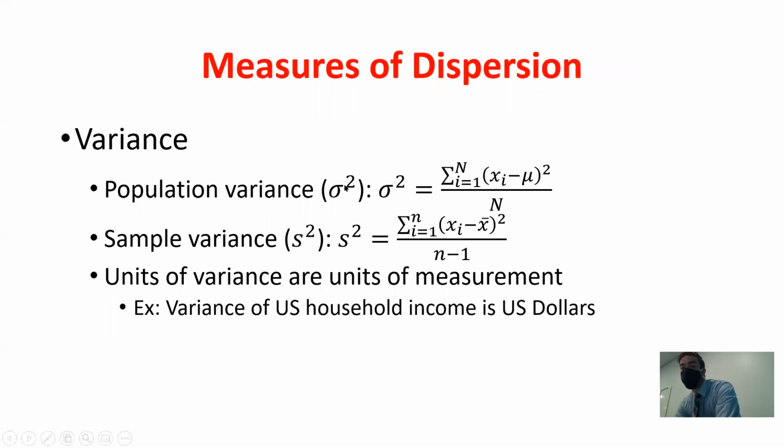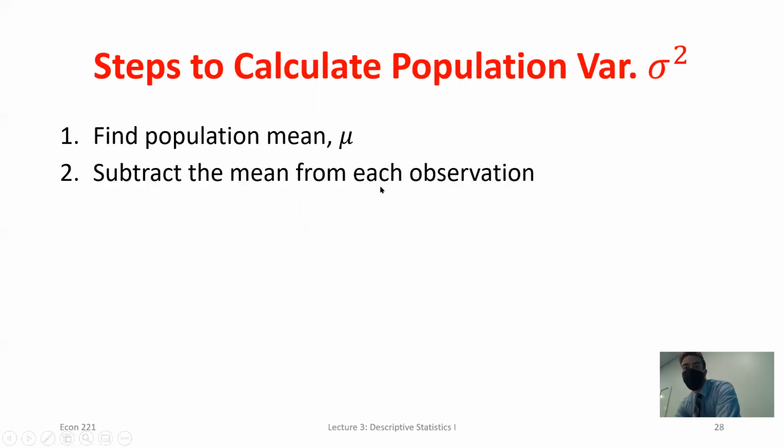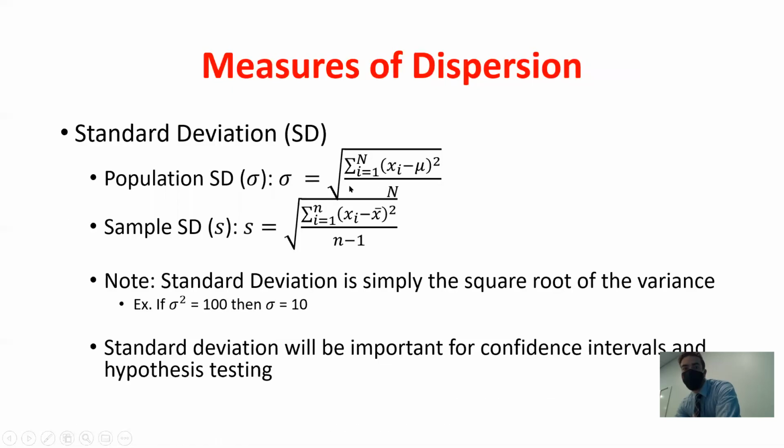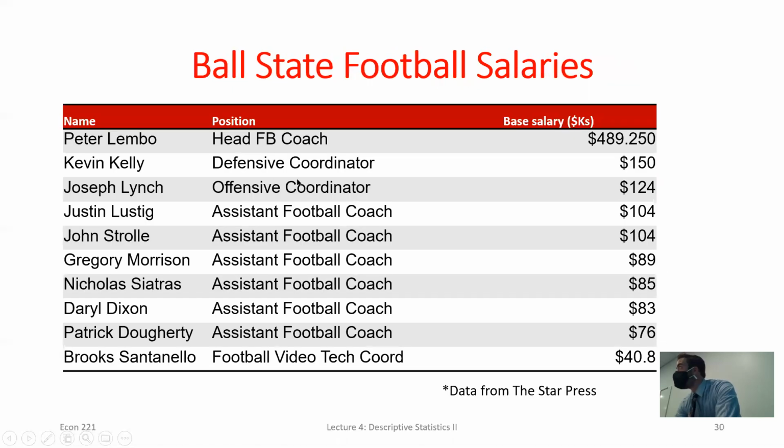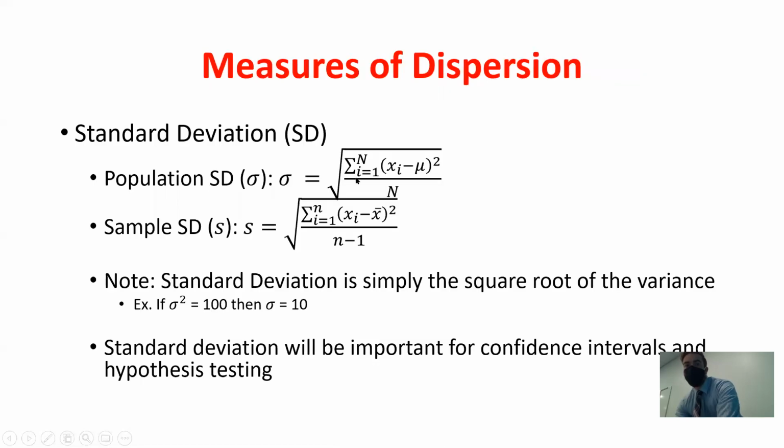So those cancel, and all I'm left with is sigma, which is what our standard deviation is. Okay? So same process to find the standard deviation as I did for the variance, with one more step, take the square root. Okay?